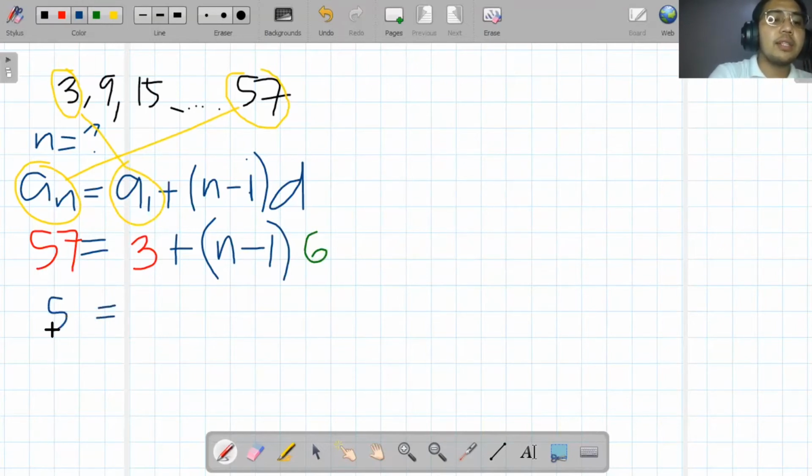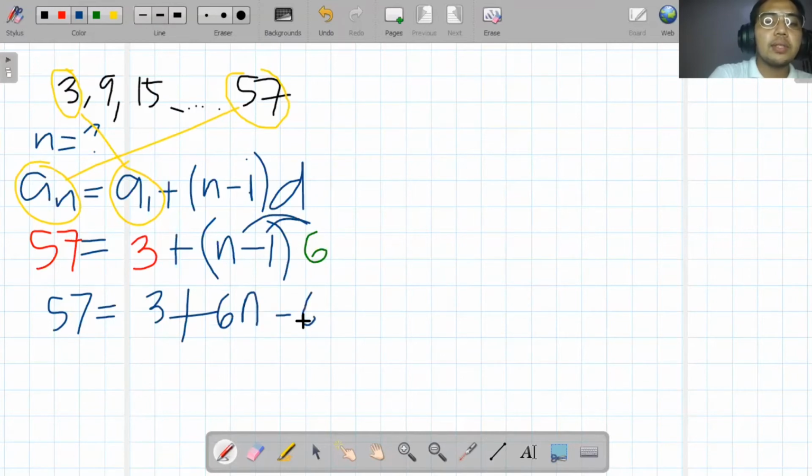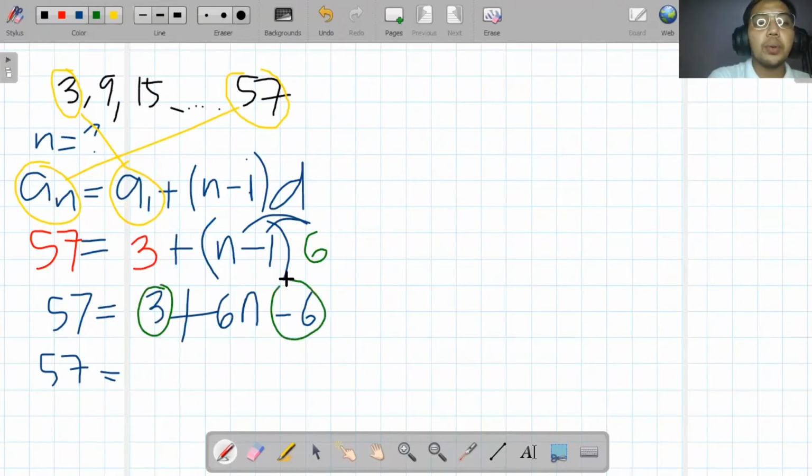This is 57 equals 3 plus, again, distribute, so that is 6n minus 6. Combine, so you'll have 57, and then simplify 3 and negative 6. That would be equal to 3 minus 6 is negative 3.